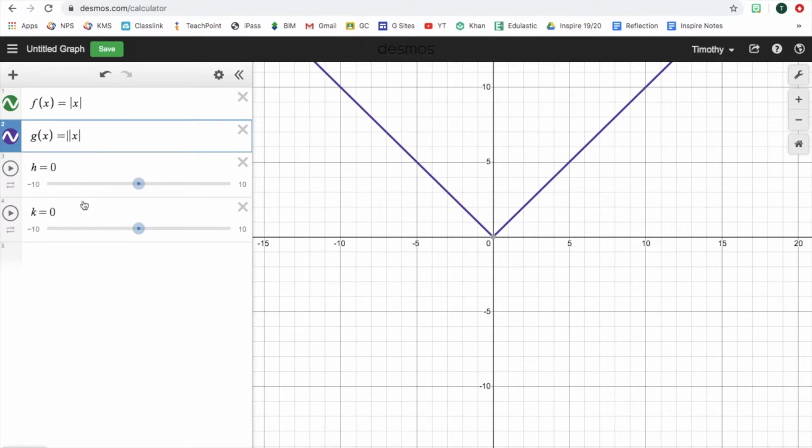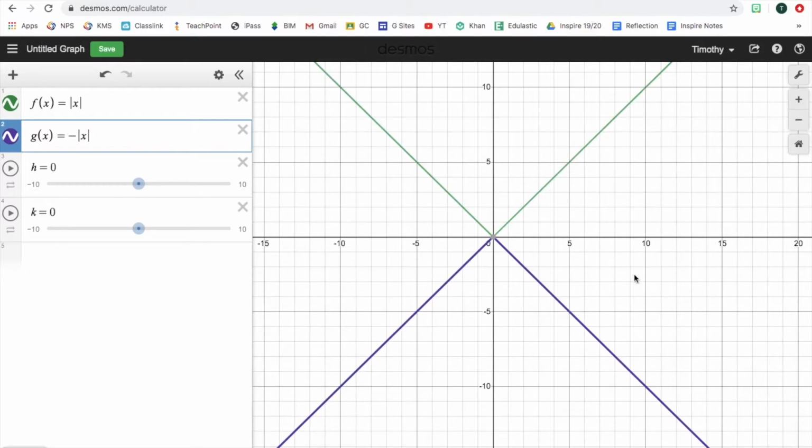Right here, we have a regular absolute value function. And when I have a negative, this will flip in the x-axis because it's a vertical change, and the x-axis is our mirror. So now this just flipped over, so every point that was here now has the opposite y value. So that's what the negative does.